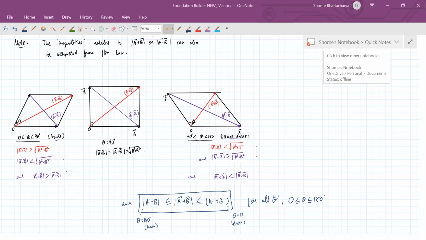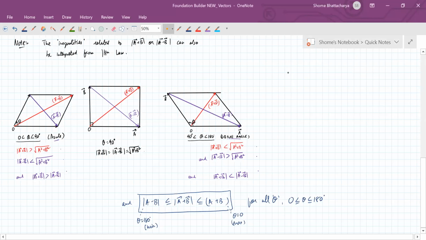Now, of course, you can always understand these inequalities from the formula also. You know the formula of mod a plus b is root of a square plus b square plus 2ab cos theta. So now in this you can see that cos theta becomes negative when theta is obtuse. cos theta becomes 0 when theta is 90 degrees, and cos theta is positive when theta is acute.